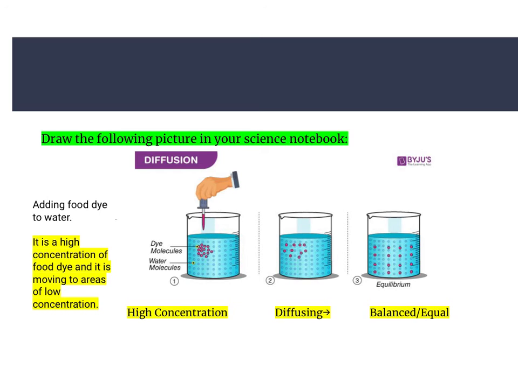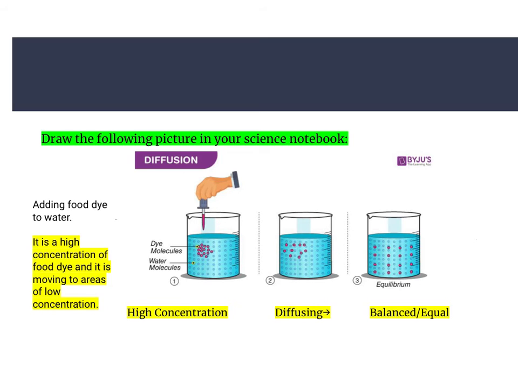Okay? And at that point, in this particular beaker, it would be completely purple, and it would be the same shade of purple. So if we go back to the first beaker there, it's mostly water with just one little blob area of purple food dye. And then a few minutes later, as it's diffusing in beaker 2, you would see some of that purple dye starting to diffuse out or spread out, and you would see a mix of purple and clear water, and it'd be kind of swirly looking.